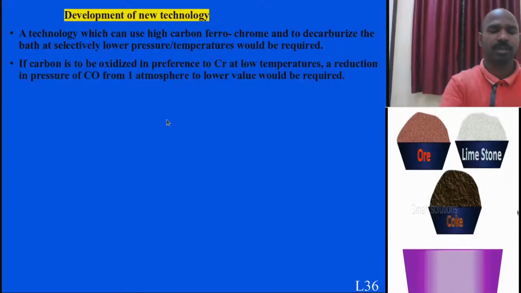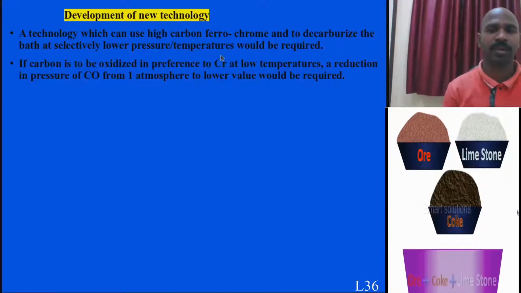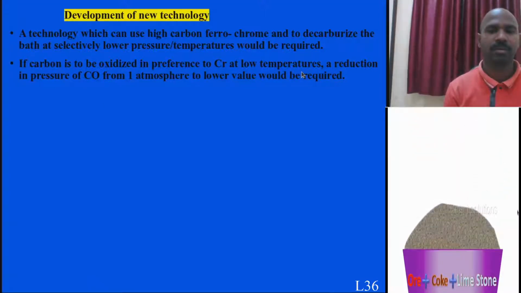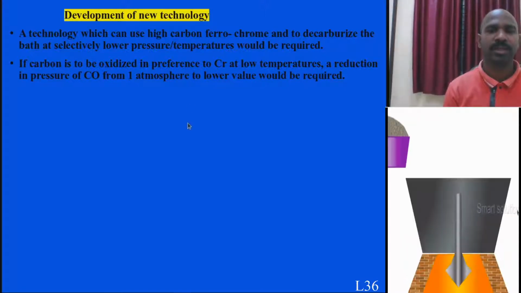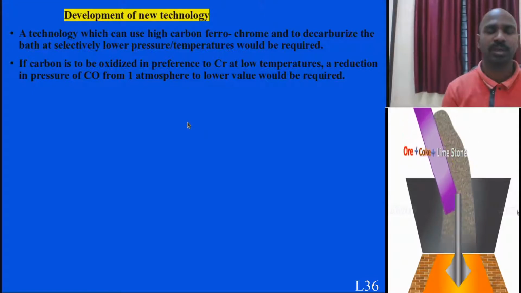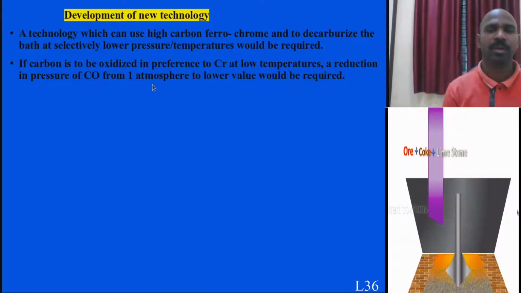These are required. How do you achieve that requirement? For carbon to be oxidized, you prefer a very low temperature. For chromium to be oxidized, a very low temperature is also required. How do you maintain the low temperature and low pressure?